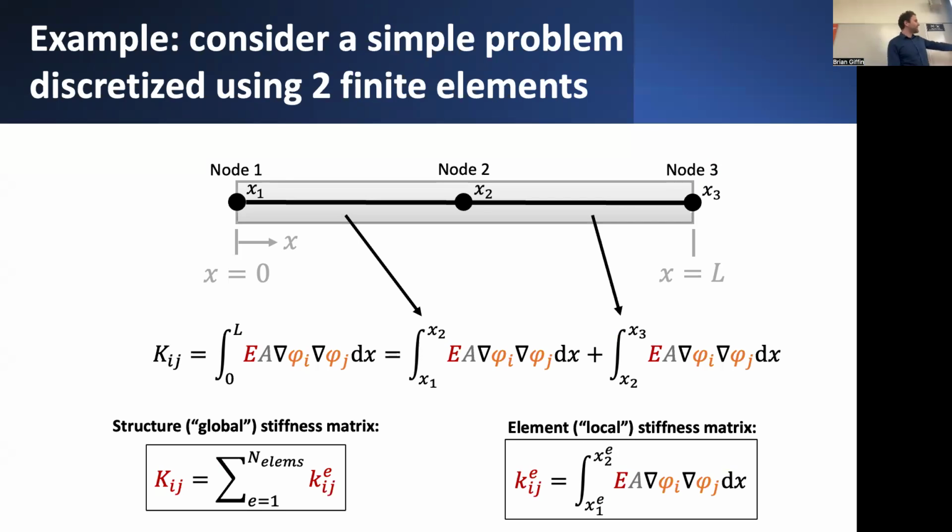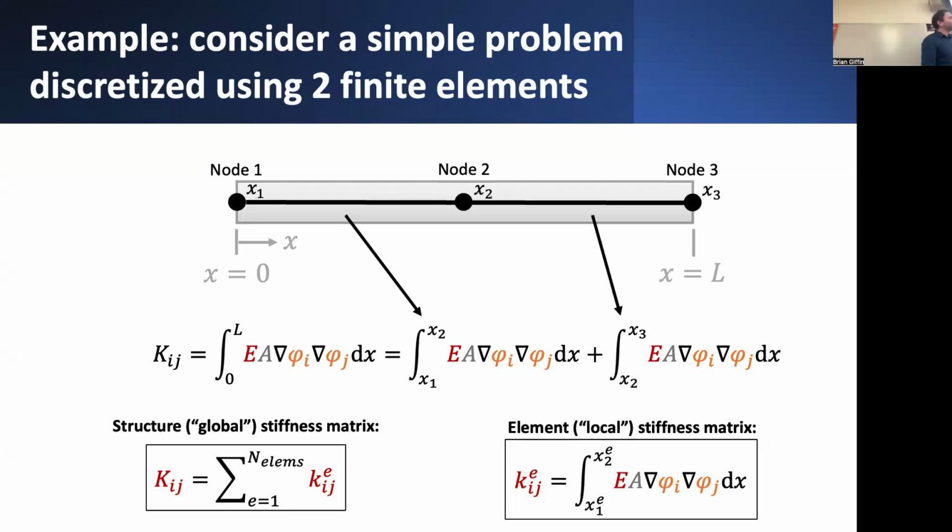Each one of these individual entries of the stiffness matrix is determined by this integral expression, the thing that we had on the previous slide. However, we could carry out this integral over the entire structure all at once, or we could make the problem a little bit easier and just say, let's break up this integral, and rather than integrate over the whole length of this structure, we'll treat it as two separate integrals.